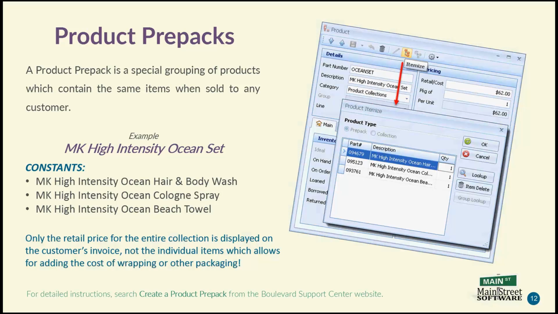It includes the hair and body wash, the cologne, and the beach towel. No matter who purchases it, it's all the same. So if you package it up and put it in a beach bag or something, you can add the additional amount for the cost of that bag, but the customer's not going to see it. They're only going to see the set itself.